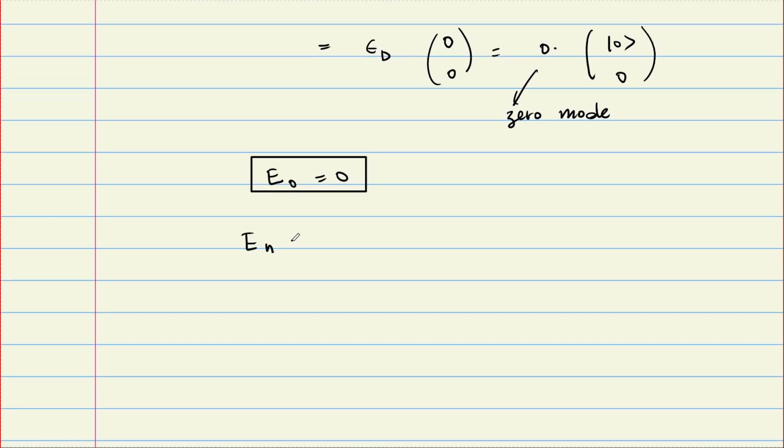We can say En is equal to E times the Dirac sign of N times the root of the absolute value of N, and we can let N run from 0, plus or minus 1, plus or minus 2, and so on. Good.